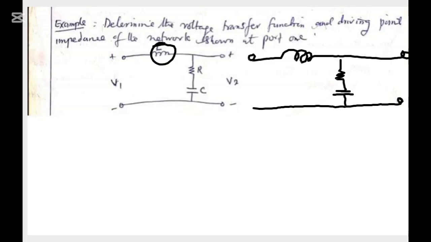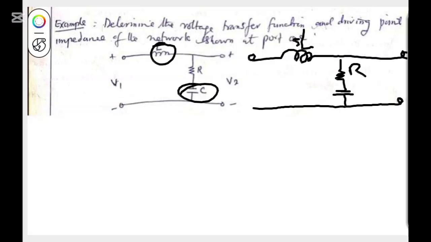We are converting the network to the S domain, so this will become SL, this will stay as R, and this C will change to 1 over SC. So we have V2 here and we have V1.